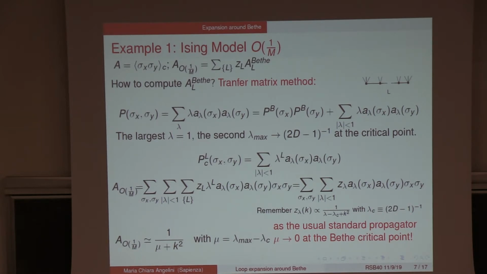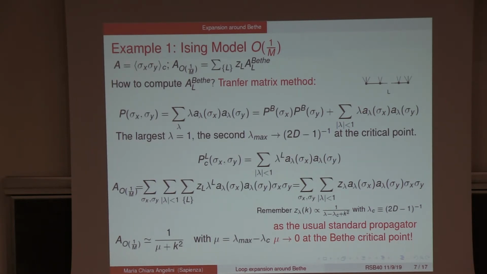Then you recognize that lambda max exactly goes to lambda_C at the Bethe critical point. So this factor diverges at the Bethe critical point. Here I have a sum over all the eigenvalues, but at the end I can consider just the largest one, because it gives a divergent contribution. So what we found is that the 1 over m correction to the two-point correlation function takes the usual form of a usual propagator, exactly the same as in the Ginzburg-Landau theory, with a mass that goes to 0 at the Bethe critical point.